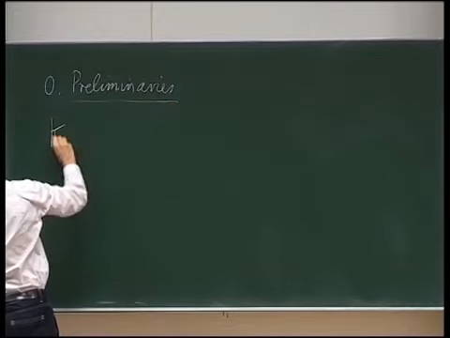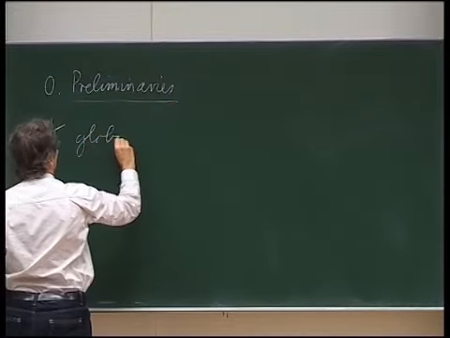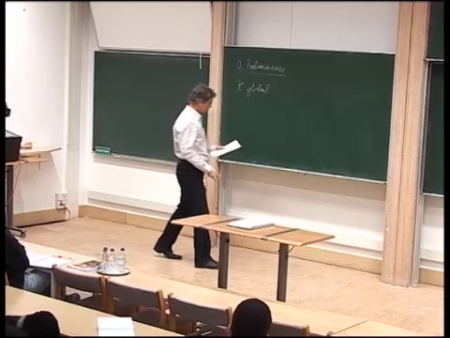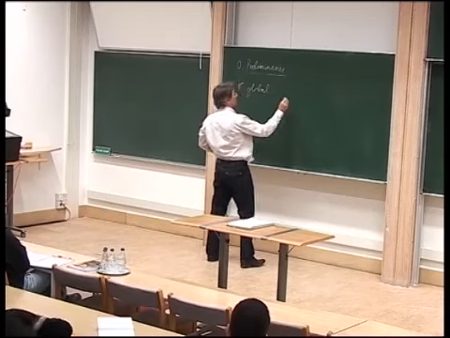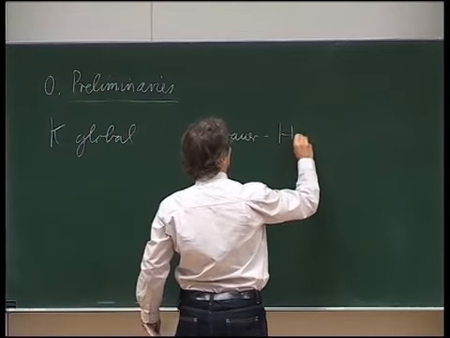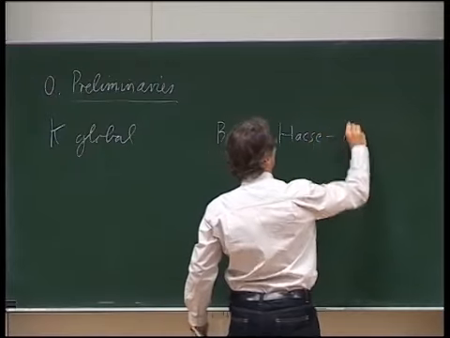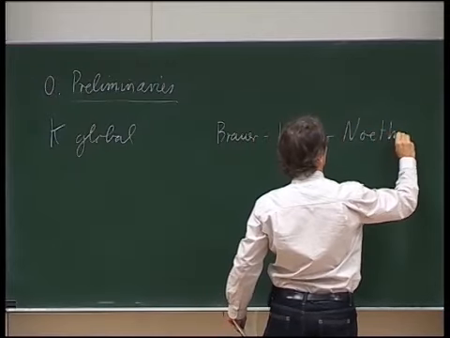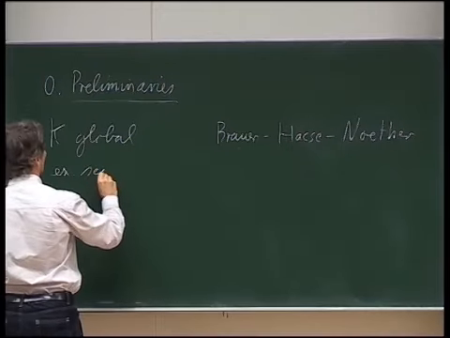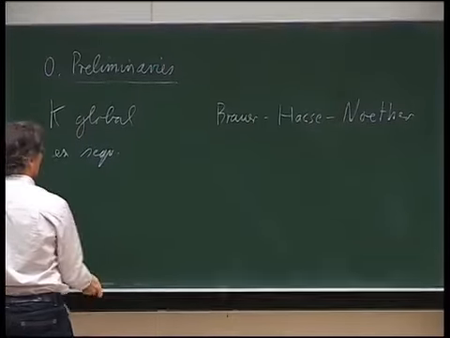K is a global field, so either a number field or a global function field. Then you have the Brouwer-Hasse-Noether sequence, an exact sequence of Brouwer groups, which goes as follows.